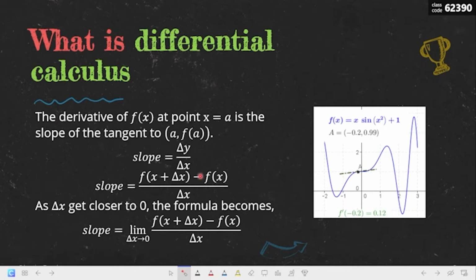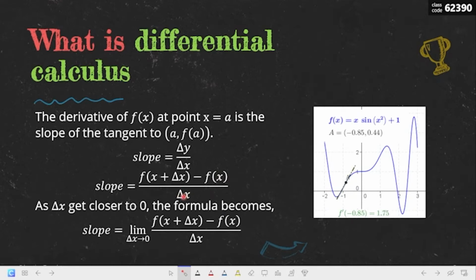Now we know that the slope is just delta y divided by delta x, and we can expand delta y as f(x plus delta x) minus f(x), meaning the next value of our function minus the present value of our function, divided by delta x, or the change in value of our x.